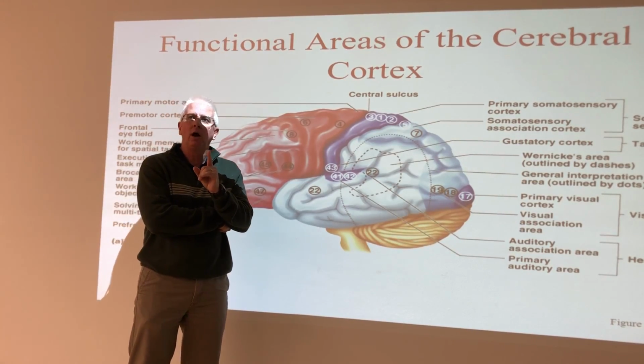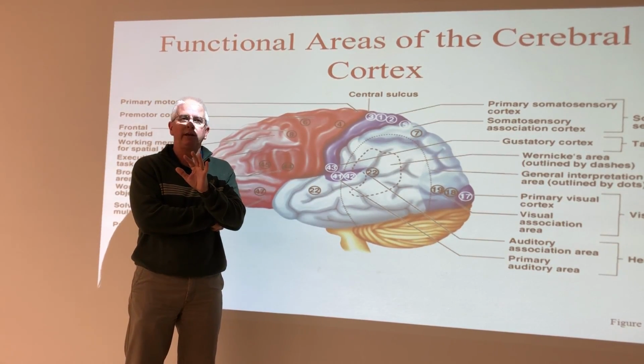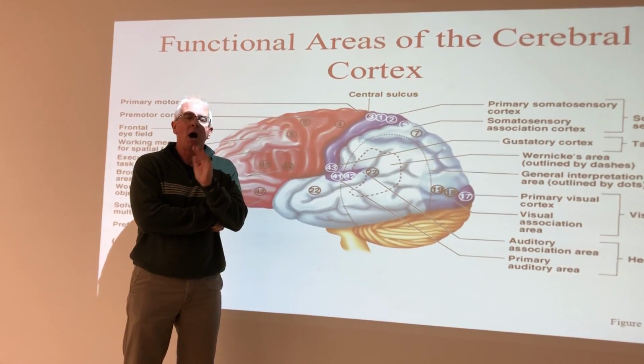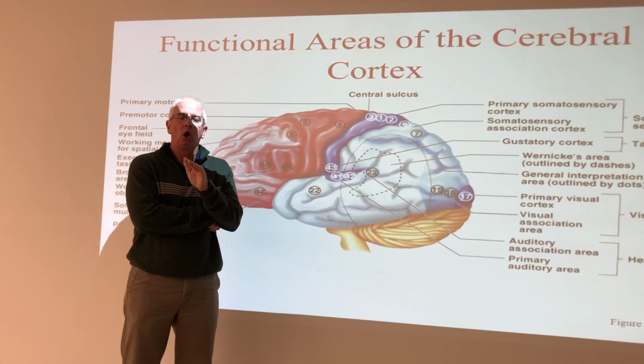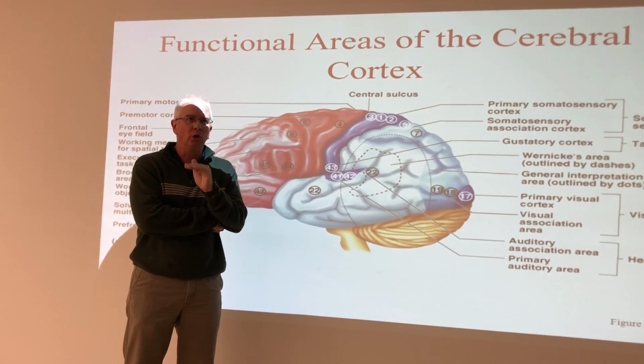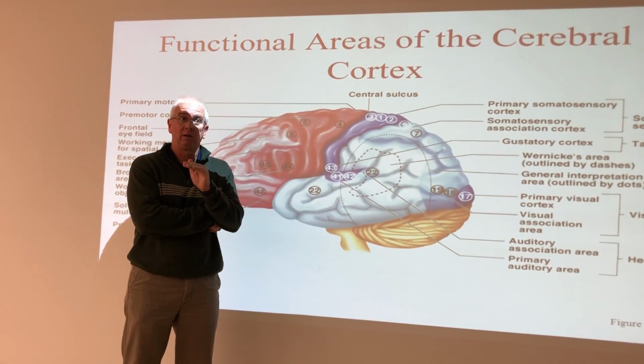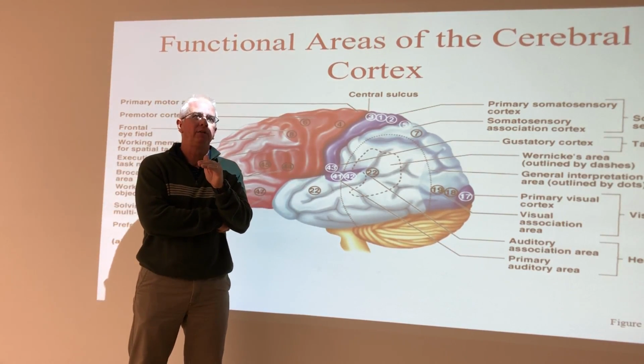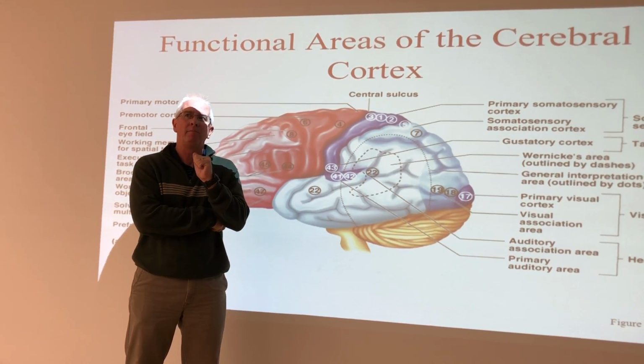Today we have an imaging technique that is beyond cool, called functional MRI, where an individual can be asked to perform neurological functions: thinking, seeing, processing, speaking, moving, doing things according to instructions. And we can watch the areas of the brain that are being used in order to do those functions.